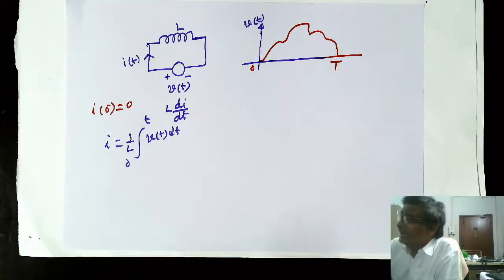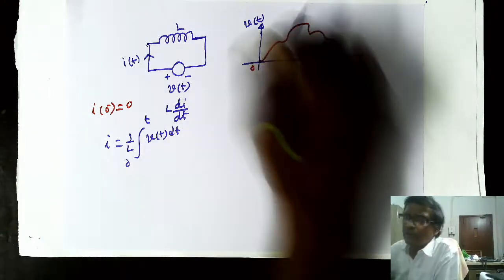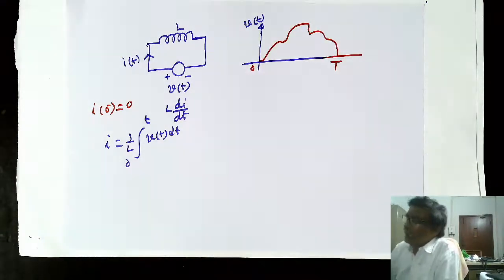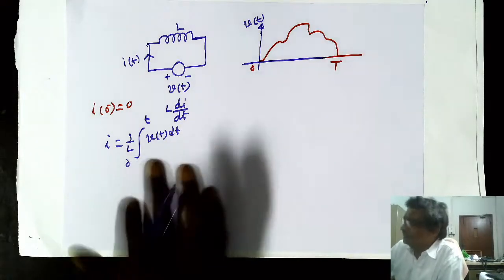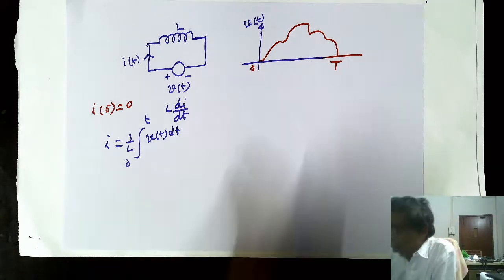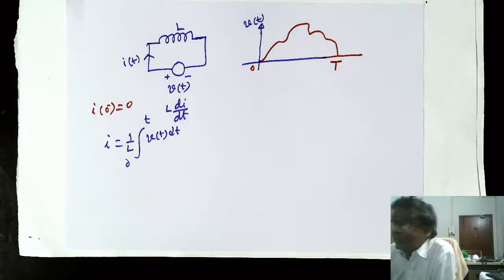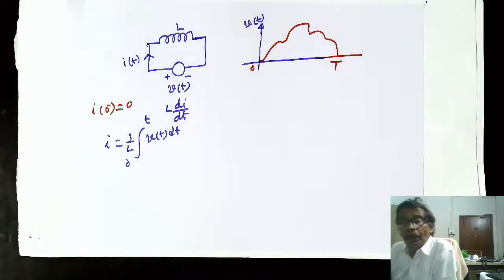But here the purpose is slightly different. Suppose some crazy voltage is there. I cannot find out the description of It, and I never will unless this equation is known. But I can tell several important things about the current. What is that?